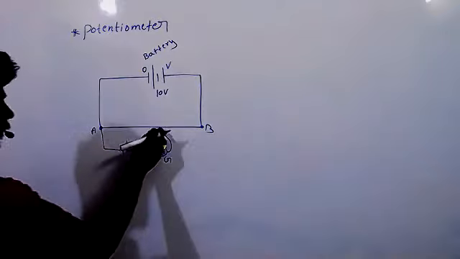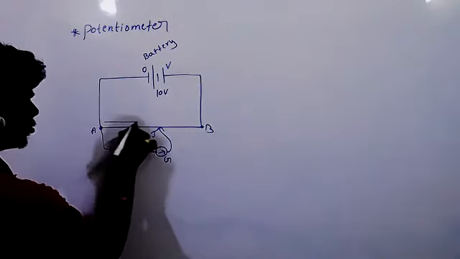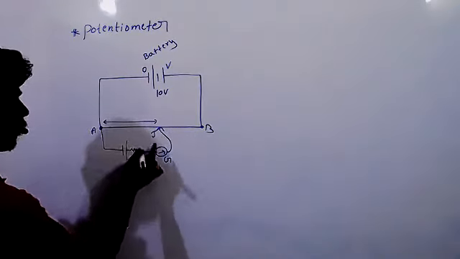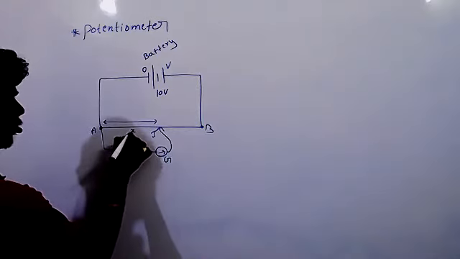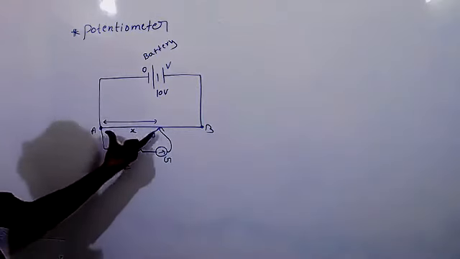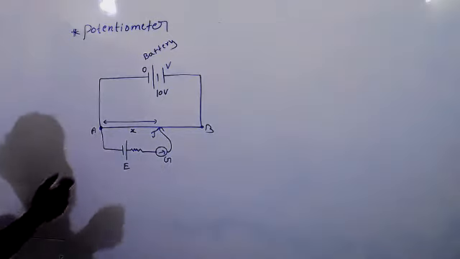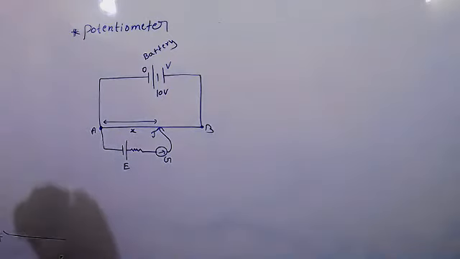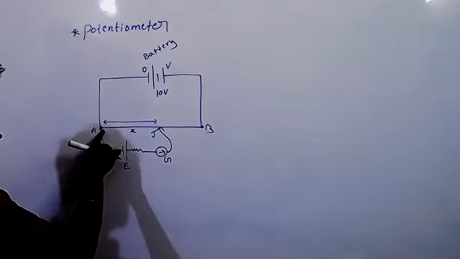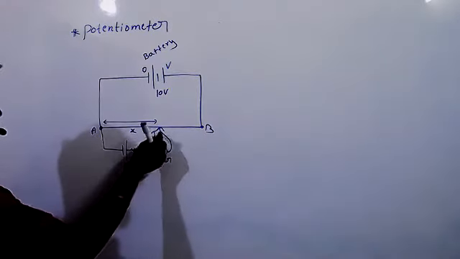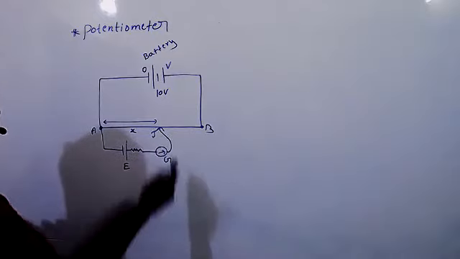Now, if this jockey touches at, means if it is showing a null point at X distance, at X distance it is showing null point, so what is the potential drop here? If it is showing X distance null point, no current is passing.